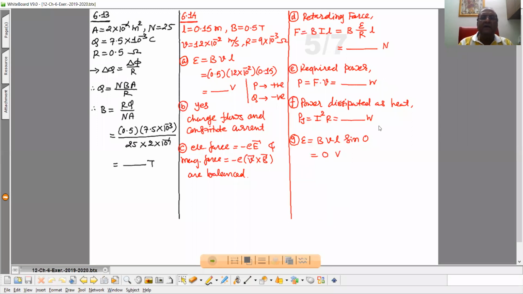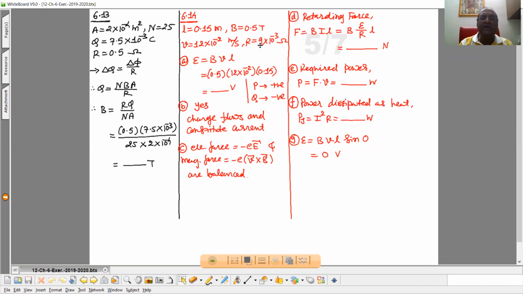Okay. Then after, how much power is dissipated as heat in the closed circuit? What is the source of this power? So the power dissipated as heat is I square R. I is E by R, so simply you can write E square by R also.